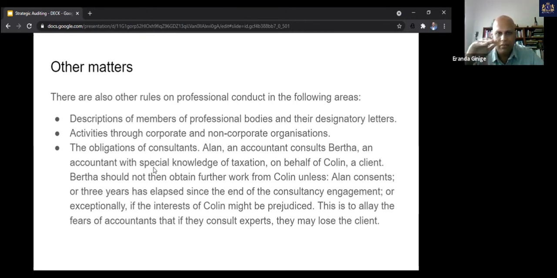Now this is a professional practice to prevent the fear of consulting each other, thinking that if I get some support from a fellow agency, that agency will then go and grab the client, right? So to prevent that fear, the accountants have this understanding of this sort of practice.